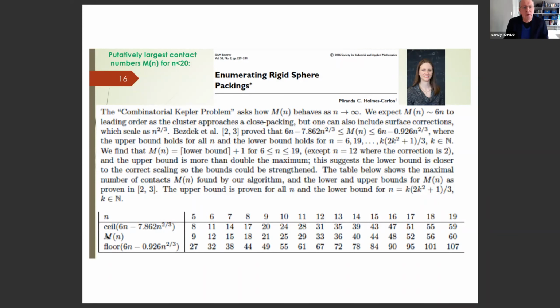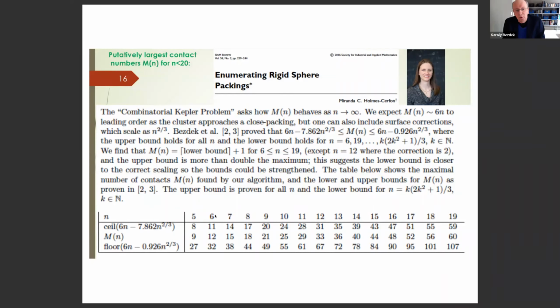In the paper, the maximum contact number of packings of n unit balls is labeled by capital M of n. So this middle row represents those maximum numbers found with the classification of rigid sphere packings for the specific values that you see here, starting from 5 up to 19.